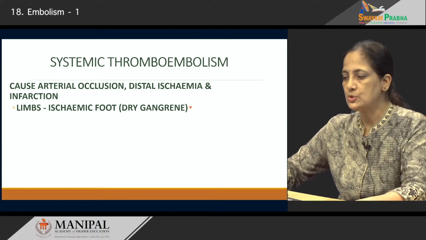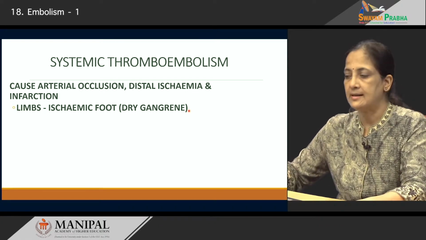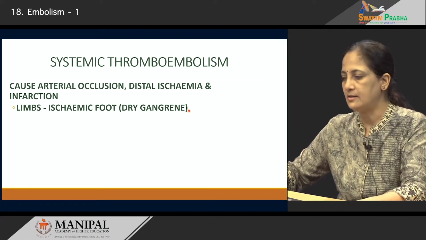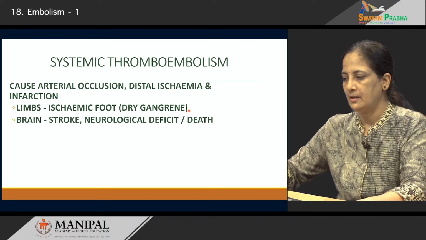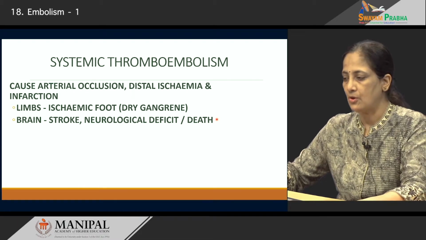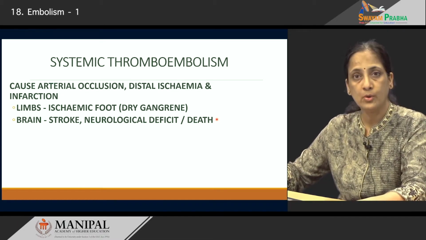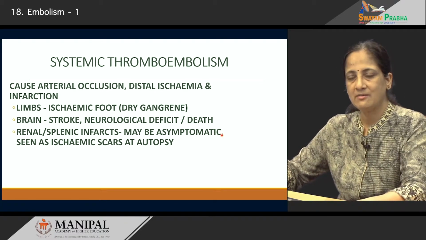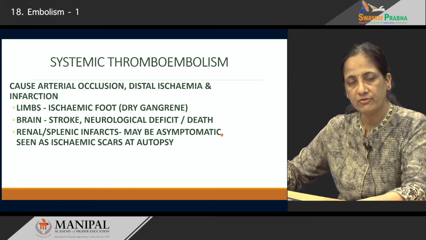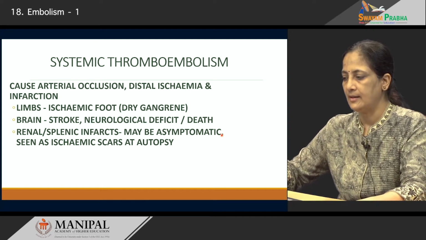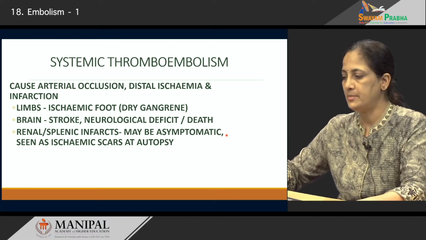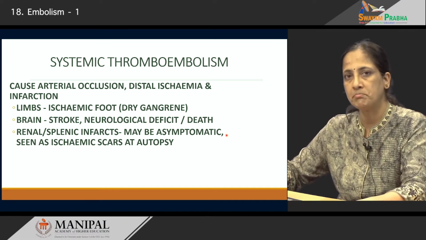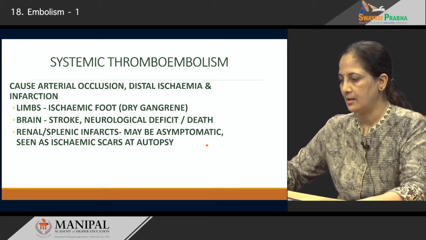In the lower limbs, most often we find that it results in dry gangrene of the limb. When it involves the brain, patients end up with strokes, neurological deficits, or go into coma and die. When the renal or splenic vessels are involved, it causes infarction of the tissue there. Some remain asymptomatic here, however, others may be brought to clinical attention with pain in that site.